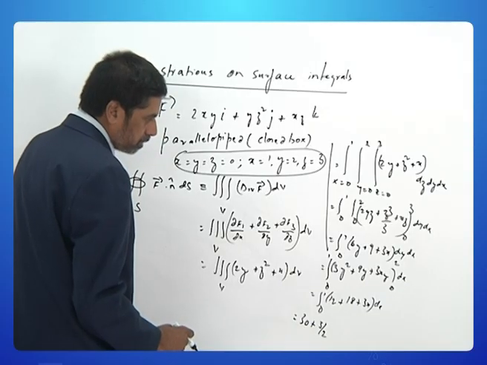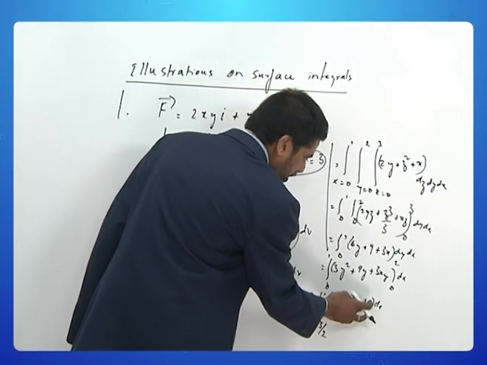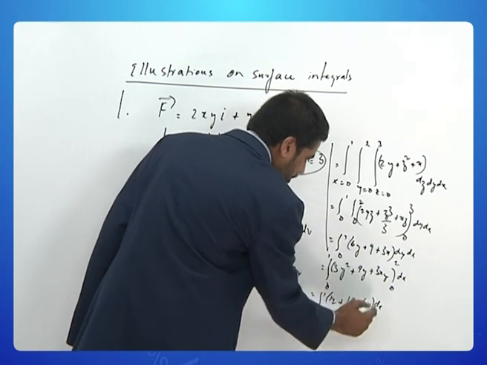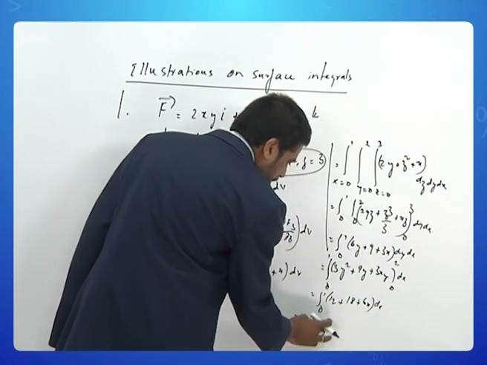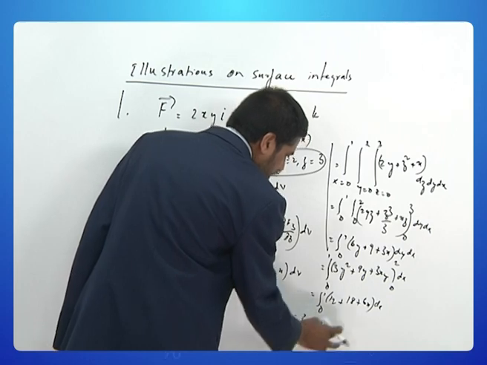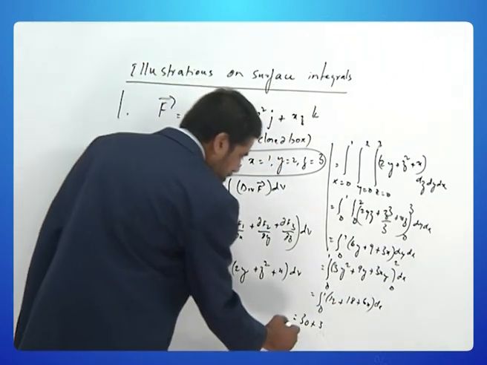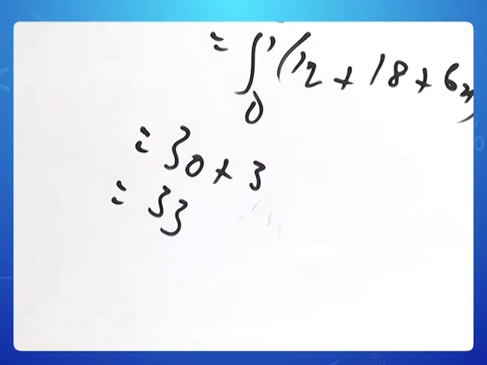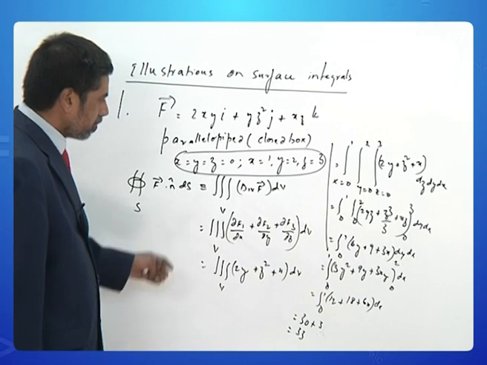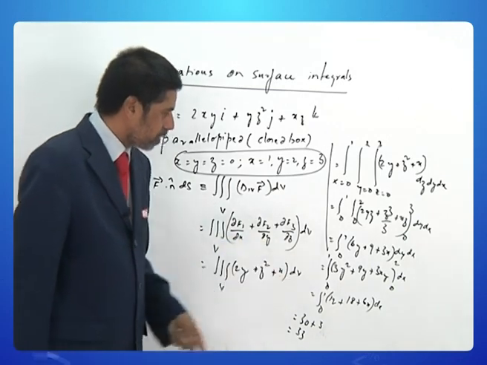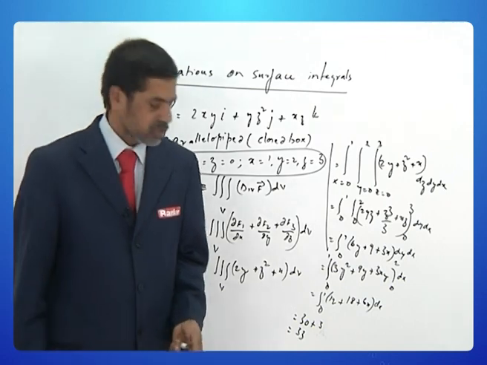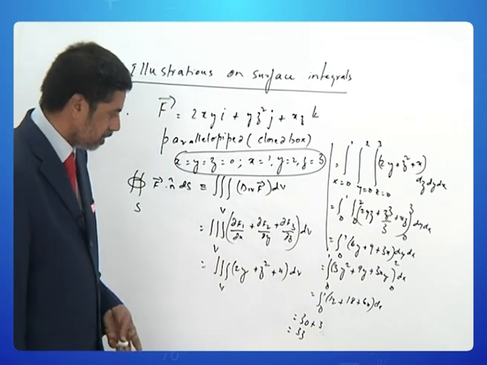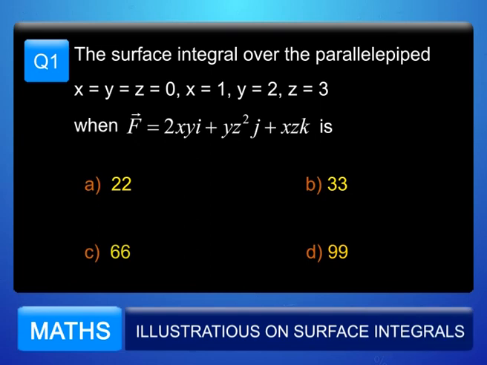Now in fact here this is 6x, because when y is 2 you get 6x, so we will get 3x square, that becomes 3. So the answer is 33. So the very first problem we chose is one where the divergence theorem has to be used, and the evaluation of course is very simple. The correct option for this problem is B.